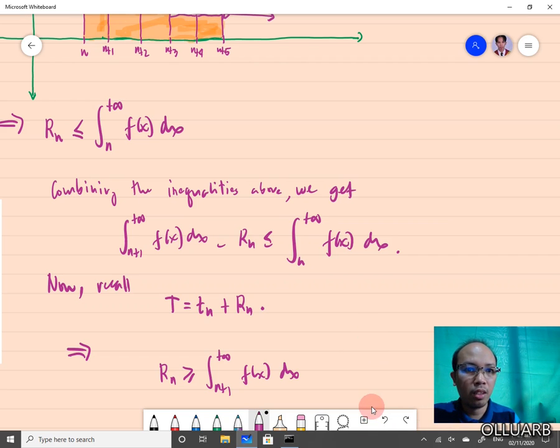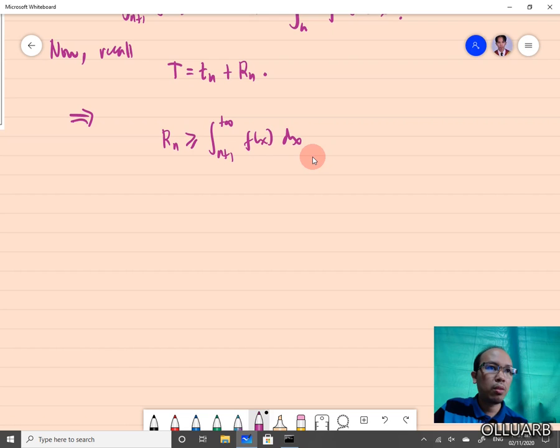Let's wait for the program to respond. So what we will do here to use this equality, we will add both sides by t sub n. Okay, if we add both sides by t sub n, so what will happen?